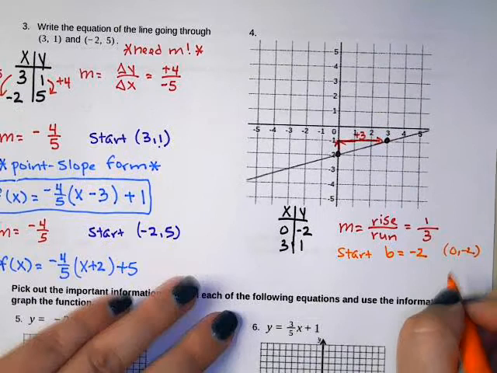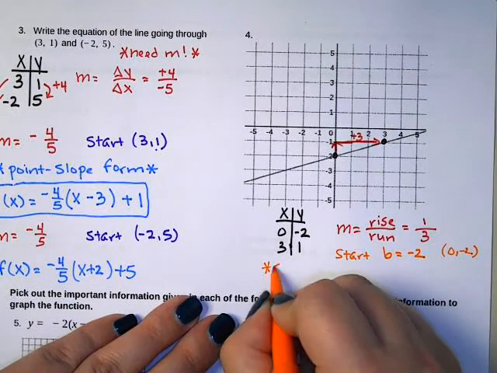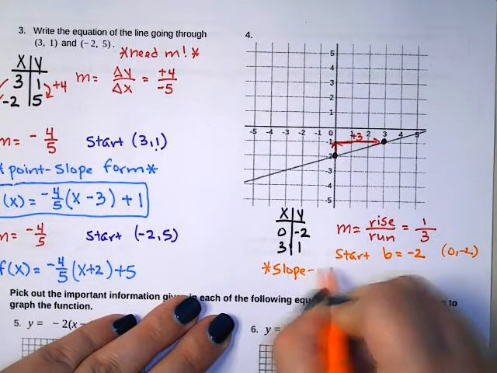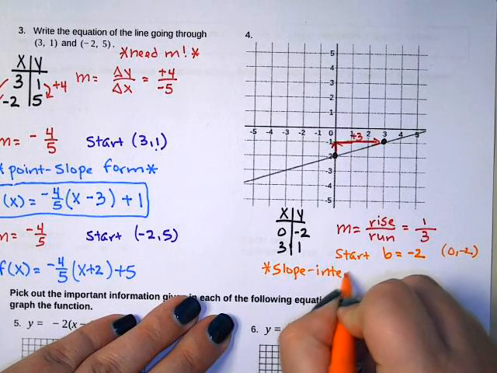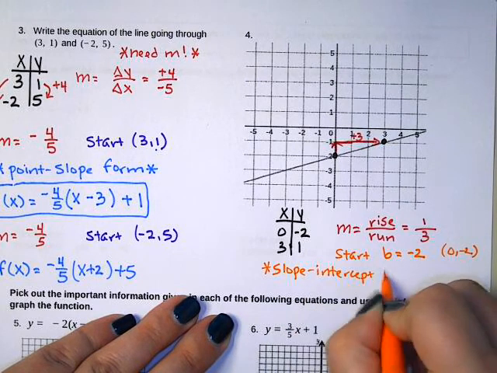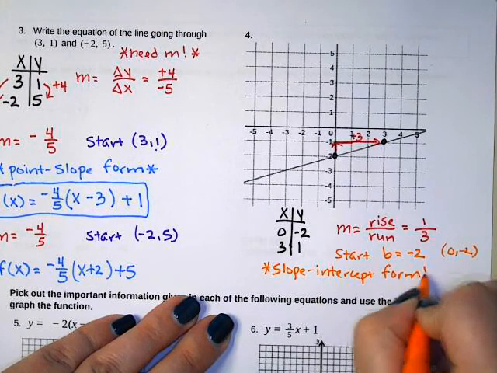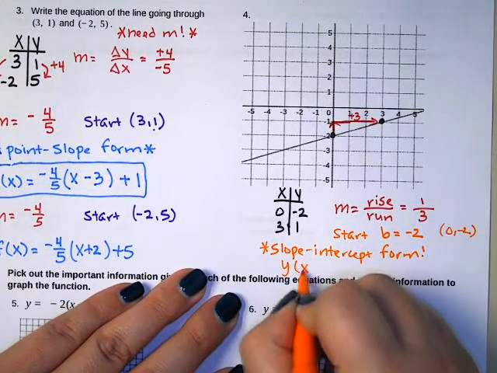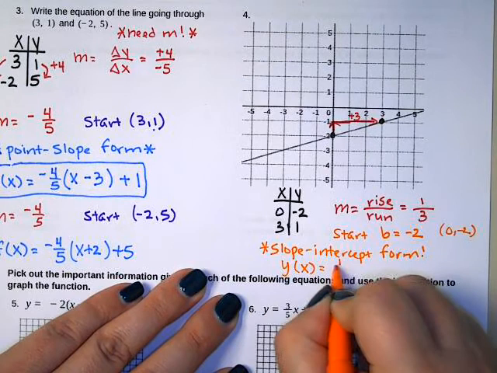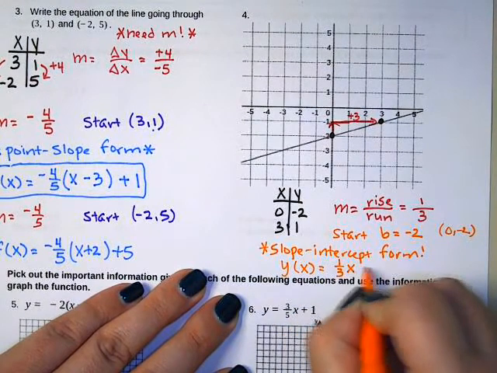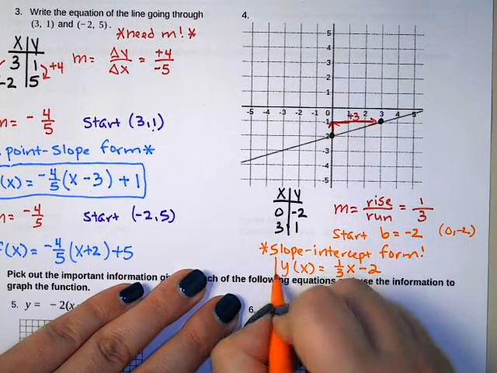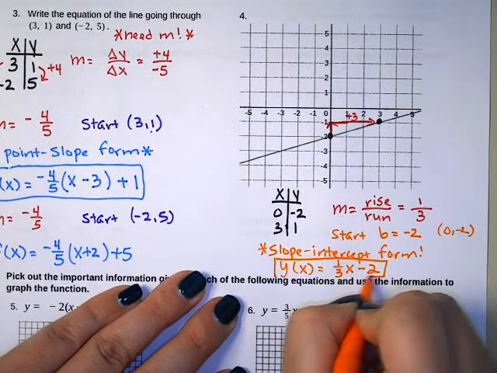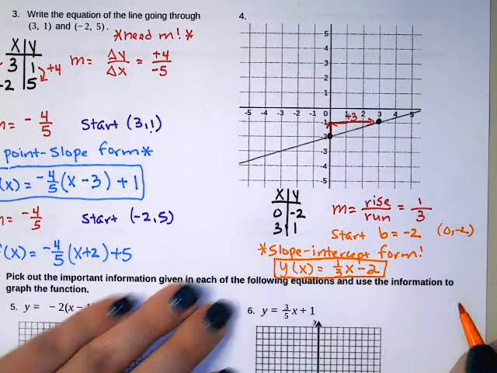So I could actually use slope-intercept form here. So if I'm going to use slope-intercept form, that's y of x equals my slope, which is 1/3, times x minus 2. That's my y equals mx plus b.